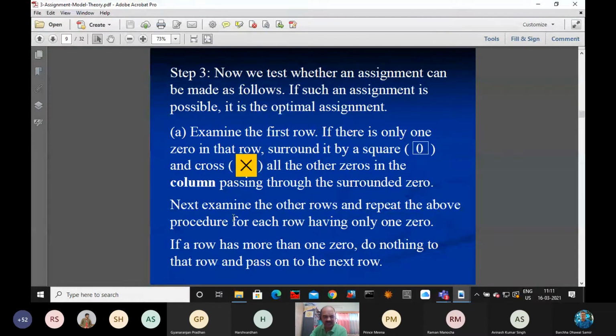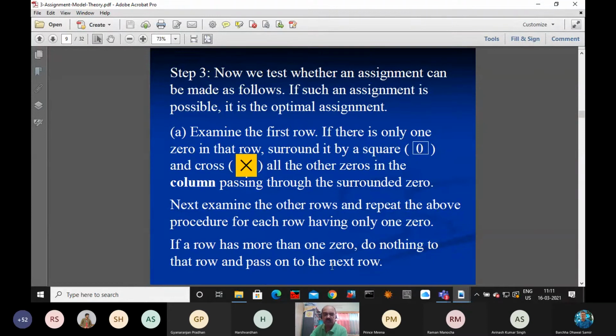Next, examine the other rows and repeat the above procedure for each row having one 0. If a row has more than one 0, do nothing to that row and pass to the next row.